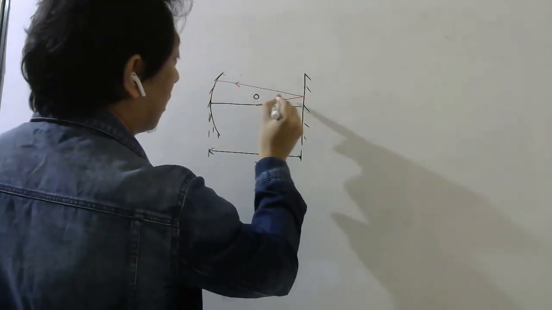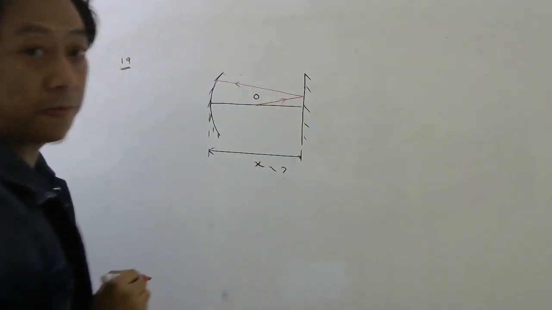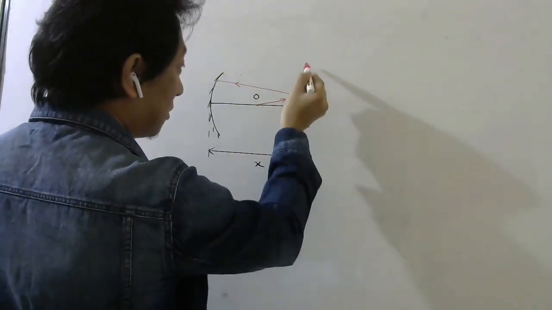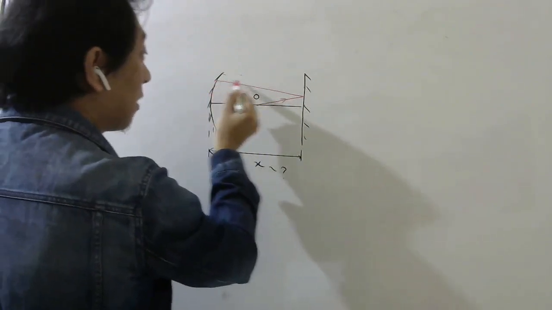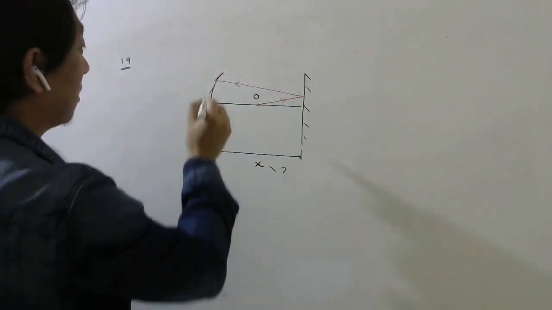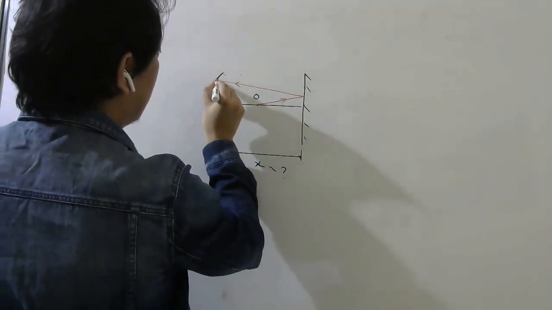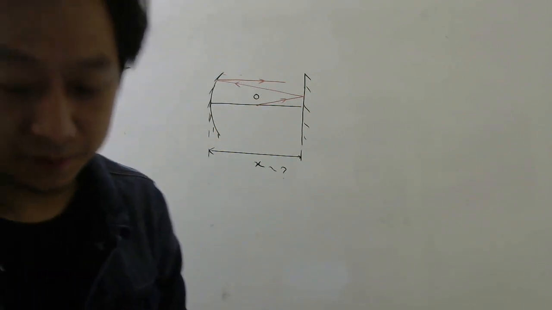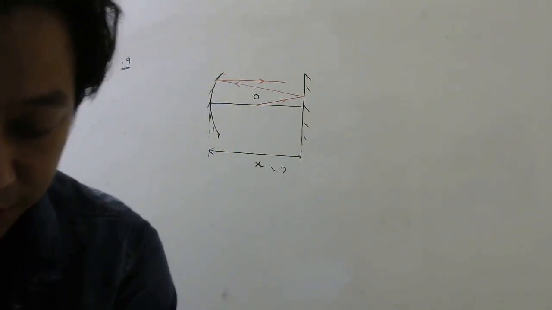This will be angle i, this will be angle i. Then according to the question, after the beam of light strikes the plane mirror, it becomes parallel after reflection from the concave mirror. That is what they are saying in the question. So this much information they have given.